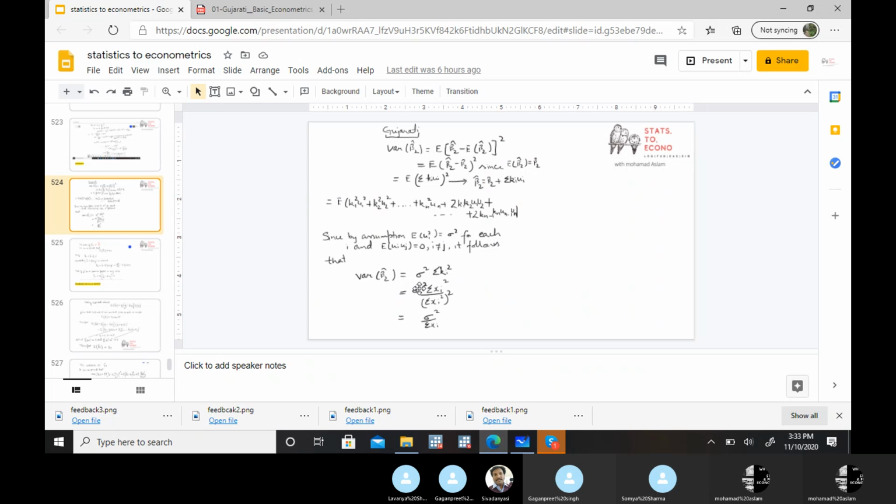Now the question is that your variance of beta 2 hat is from the sample, right? It's a sample estimate. But the notation sigma square which we are using here is the population parameter.